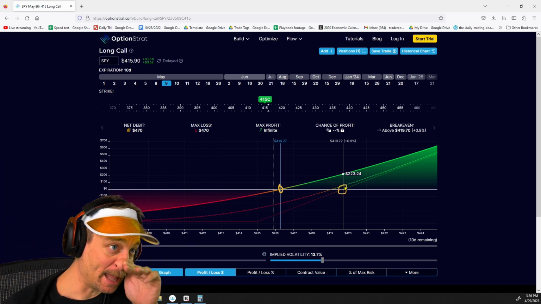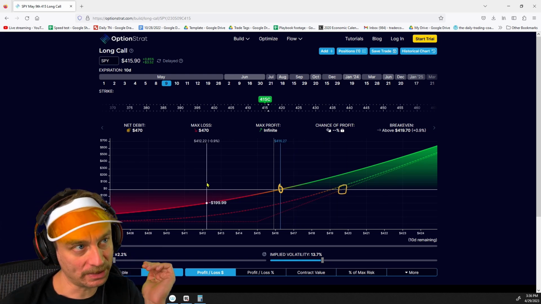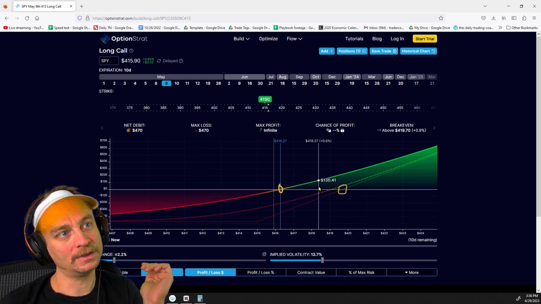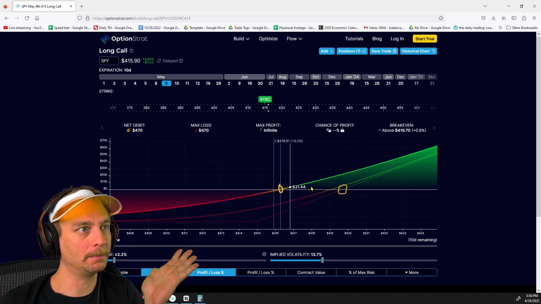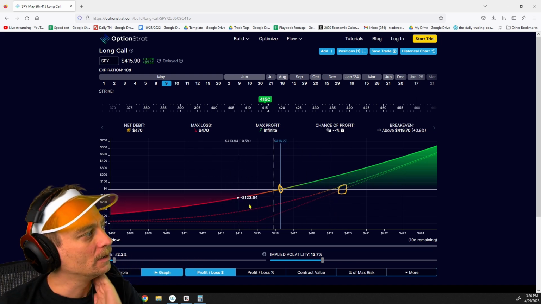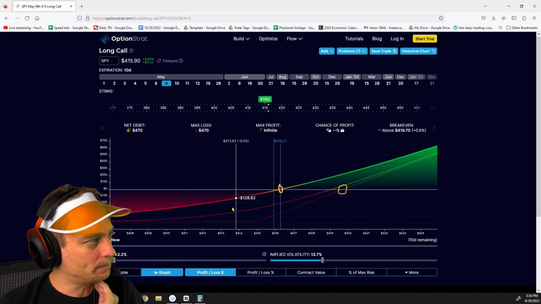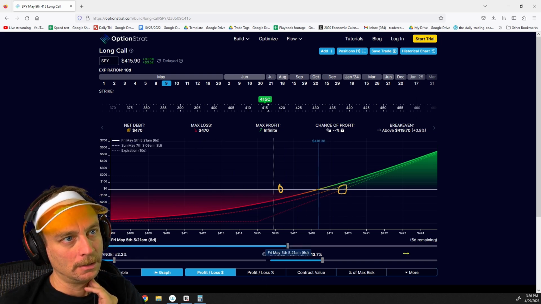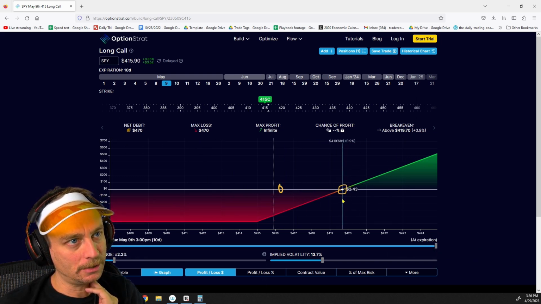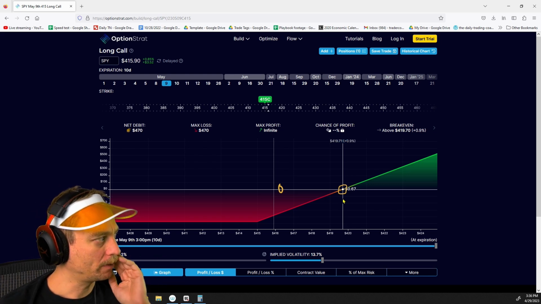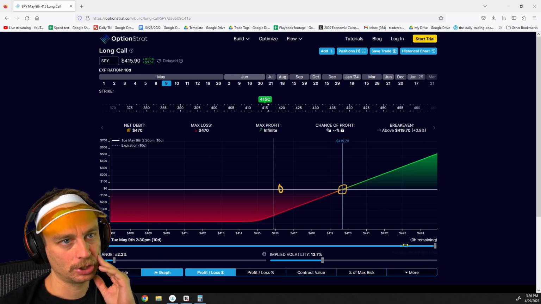But it might not. The market might start going down. It could go up. It could go not as high. It could go wherever. It could be moving up and down like this, because let's face it, the market chops back and forth like this. But on our expiration, at that same price, we're break even, pretty much.